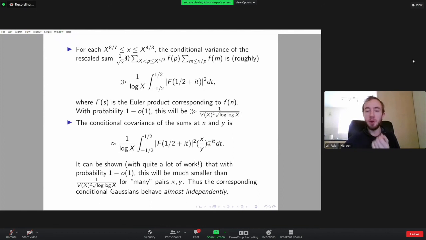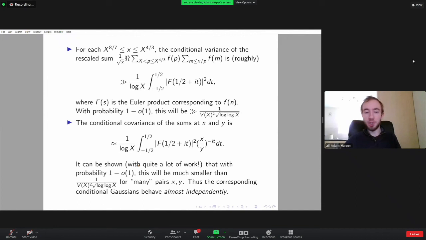Before, when the variances were 1, we wanted the covariances to be smaller than this small number rho, let's say. Now the conditional variances are like this, so we want the conditional covariances to be appreciably smaller than this if we want to get independent behavior.